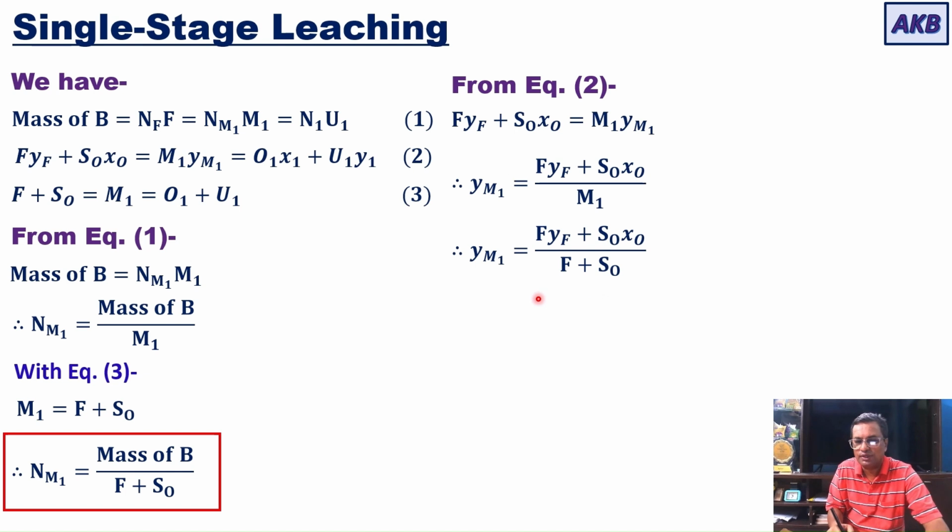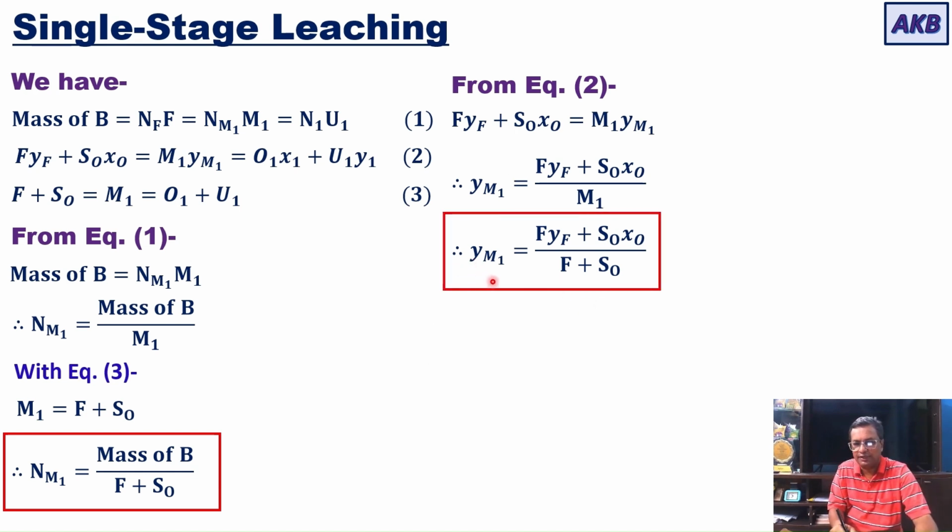So we have got an equation for Ym1 where every quantity present on the right hand side of the equation is known. So you can use those known quantities and get the value of Ym1. Similarly, in the equation for Nm1, all quantities on the right hand side are known to you, so you just have to use them to get the value of Nm1.